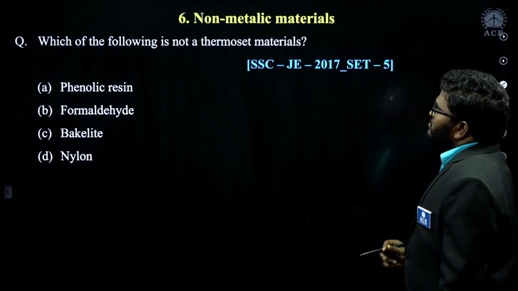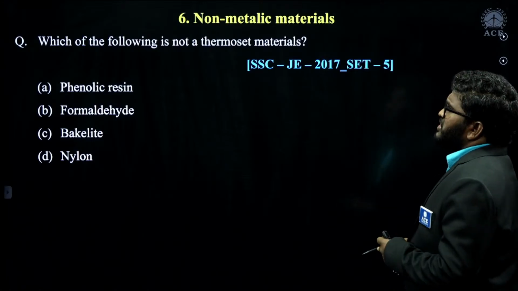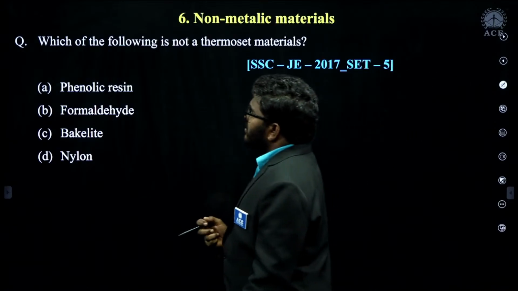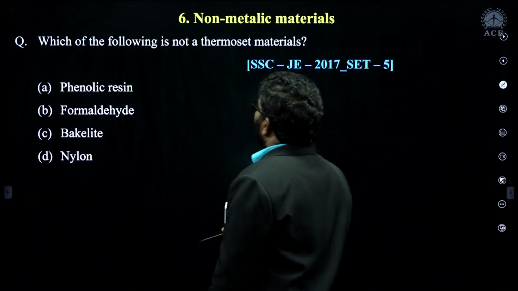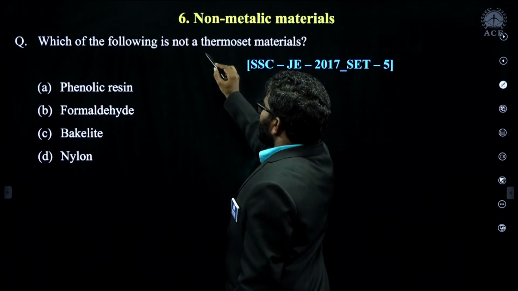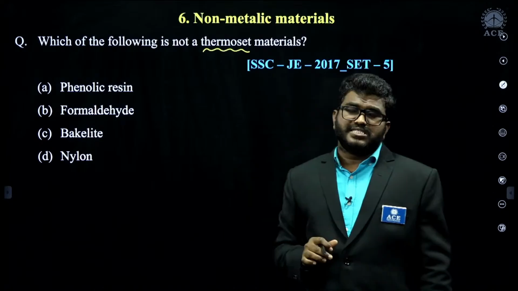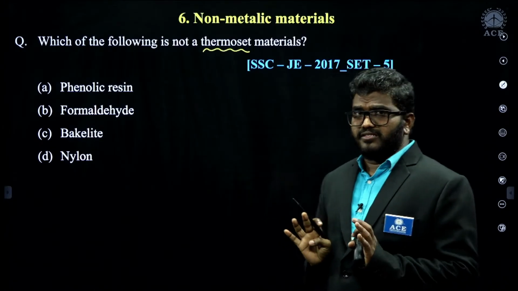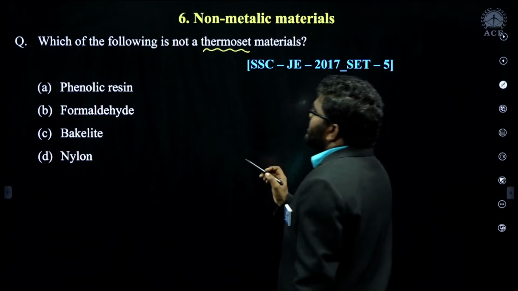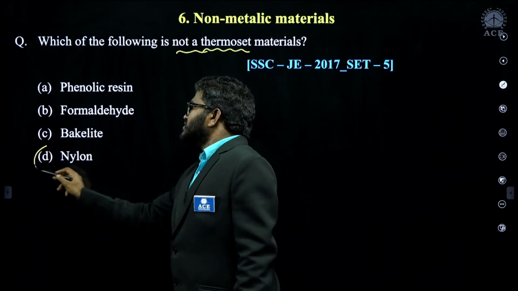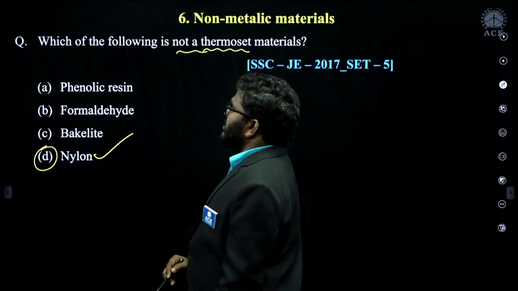Now, some of the questions from the non-metallic materials, especially from polymers. Which of the following is a thermoset? Remember, from polymers they will ask you questions on thermoplastic and thermosetting materials. Which of the following is not a thermoset material?